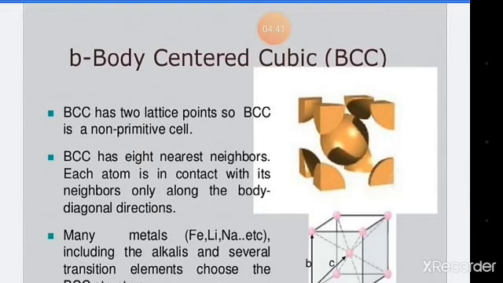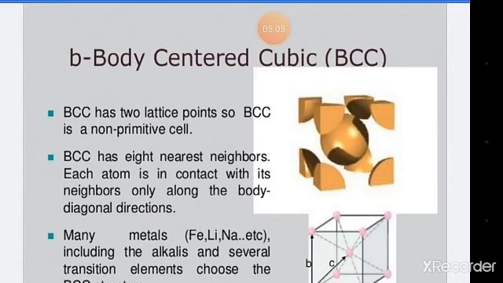Second structure is BCC. From the figure, it can be shown that a cubic cell for BCC is not a primitive cell, since there are 8 corner atoms, each shared between 8 cells, and a central atom which belongs to the cube.